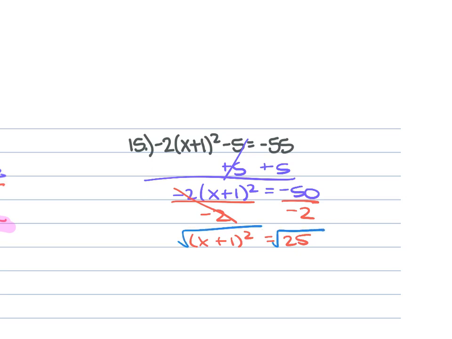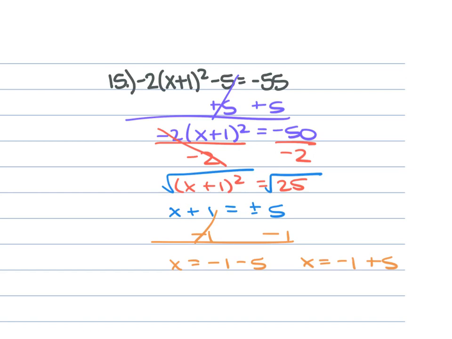Take the square root of both sides. So x + 1 is equal to plus or minus 5. We're going to subtract the 1 from each side. We get x is equal to −1 − 5, or x is equal to −1 + 5. So this is giving us solutions of x is equal to −6, and x is equal to 4.